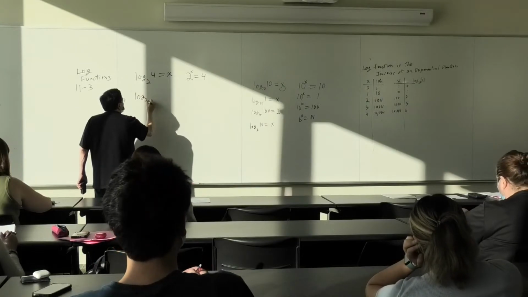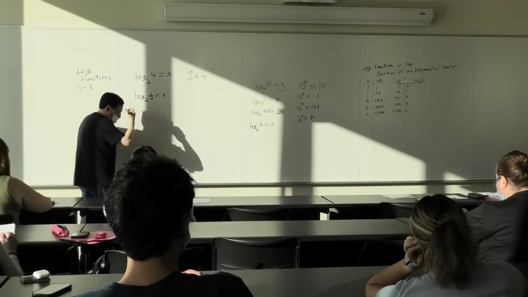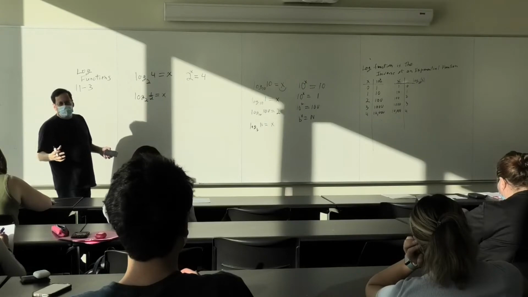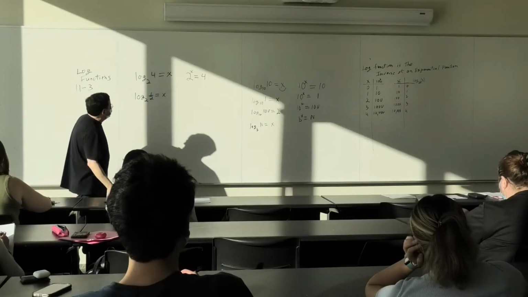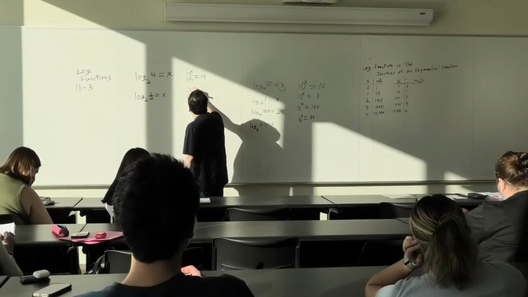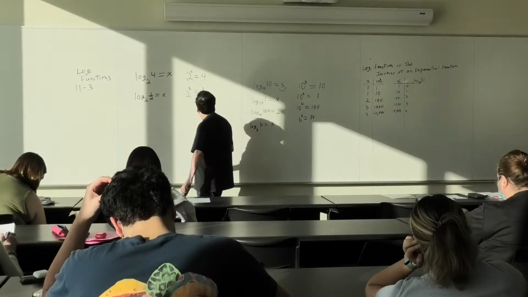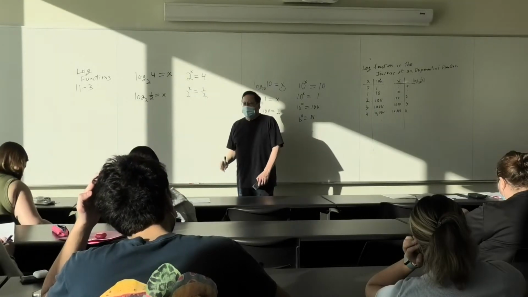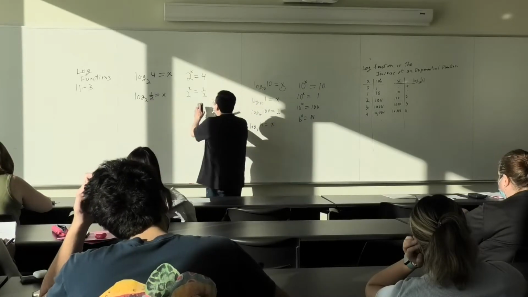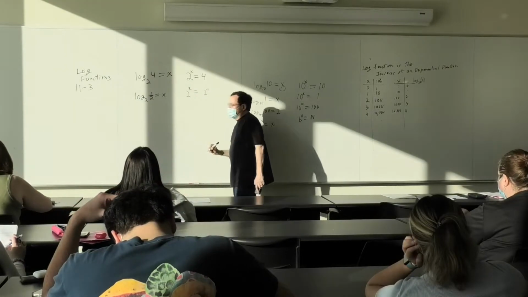Log to the base 2 of 1/2. As soon as we get into fractions, it seems like it's confusing. But let's go for it. 2 to the x equals 1/2. Now, it might be simpler if I wrote 1/2 as 2 to the -1, right?